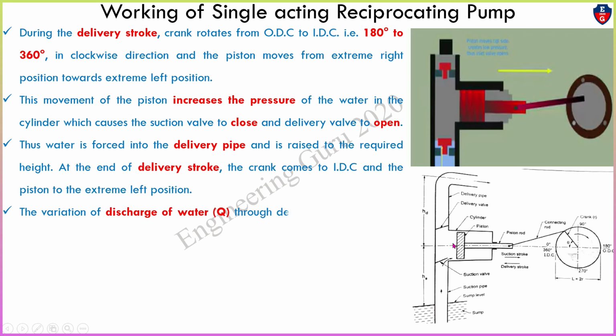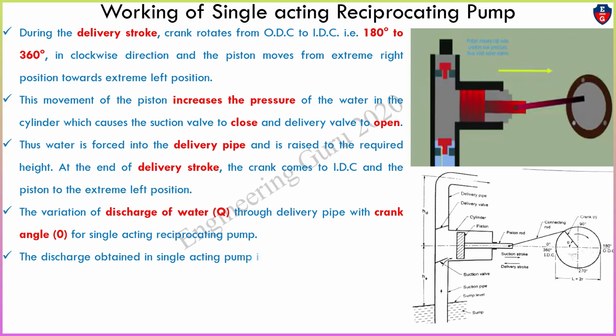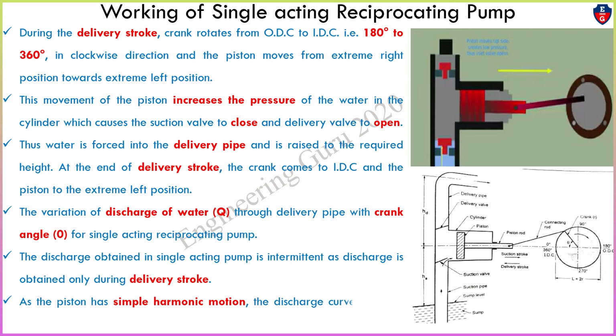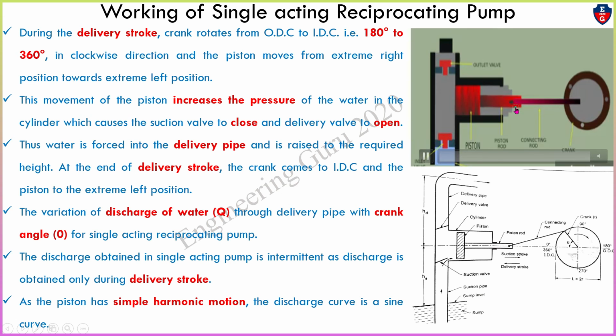This is the variation of discharge of water Q through the delivery pipe with the crank angle for a single acting reciprocating pump. Discharge is obtained only during the delivery stroke. As the piston has simple harmonic motion, the discharge curve is a sine curve like this. This is called sine. Now understand.